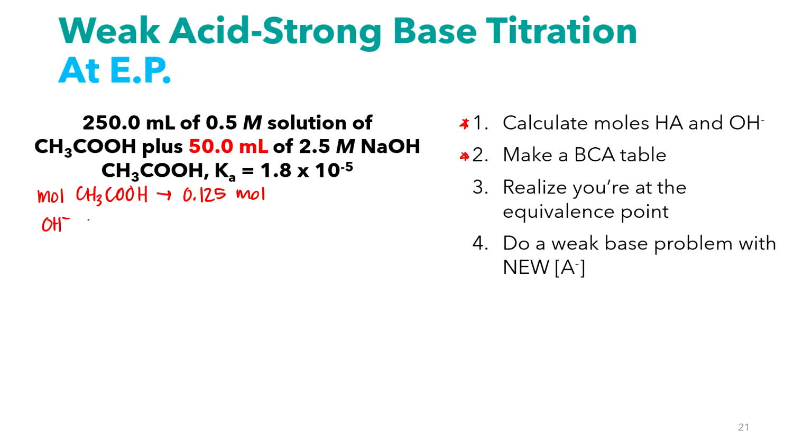Our OH minus moles now is 0.050 liters, or our 50 mils, times 2.5 molar. That also gives us 0.125 moles. So at this point in our BCA table, we're going to convert all of our acetic acid into the acetate ion.